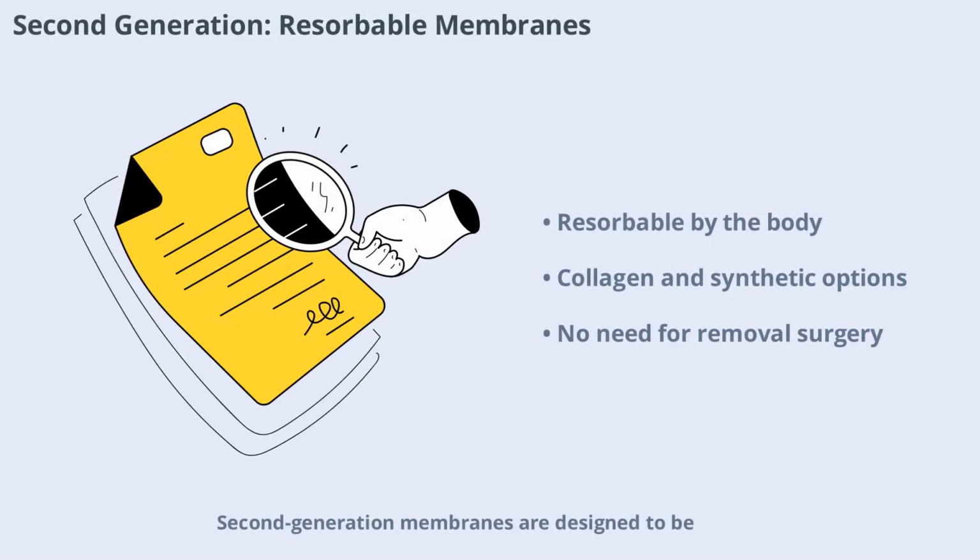Second-generation membranes are designed to be resorbed by the body over time, eliminating the need for a second surgery. These include collagen-based membranes like Biomend, Periogen, ParoGuide, TissueGuide, BioStite, BioGuide, and BioBar, as well as synthetic options like polylactide and polyglycolide, Guidor, Vicryl, Atrisorb, Resolut, EpiGuide, Biofix.